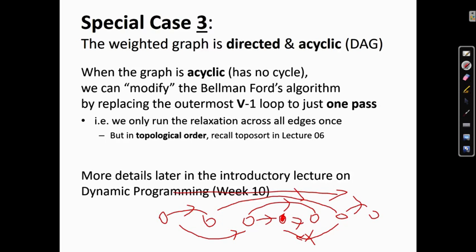And everything in front of it, to its right, cannot affect it, because there's no edge pointing back to it. Which means that by the time I hit any vertex, I would have already computed the shortest path. That's the idea.